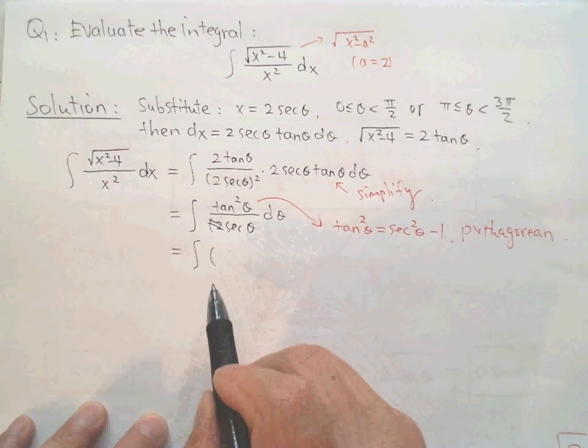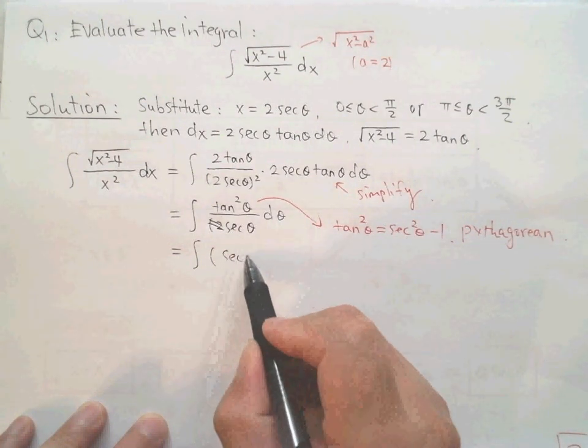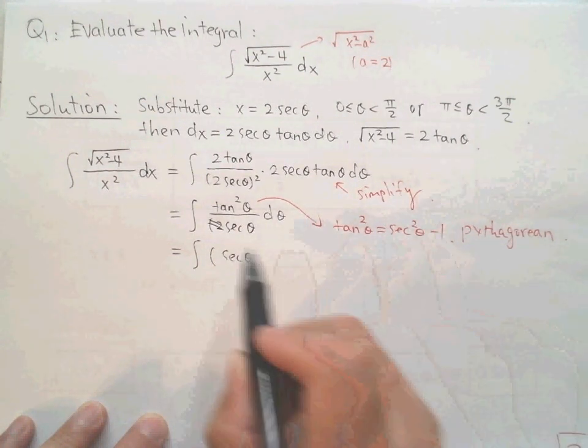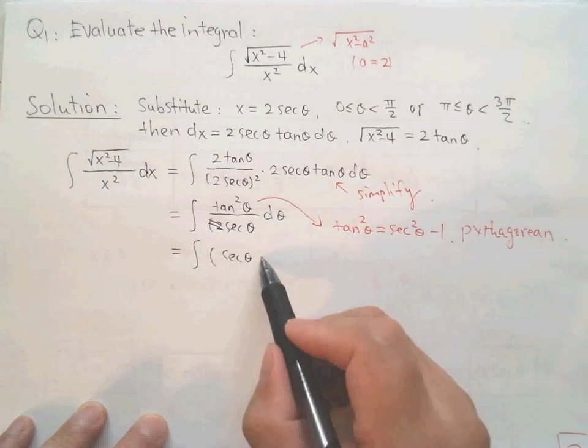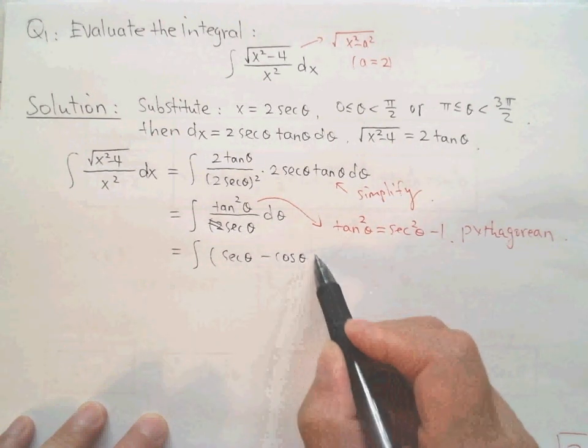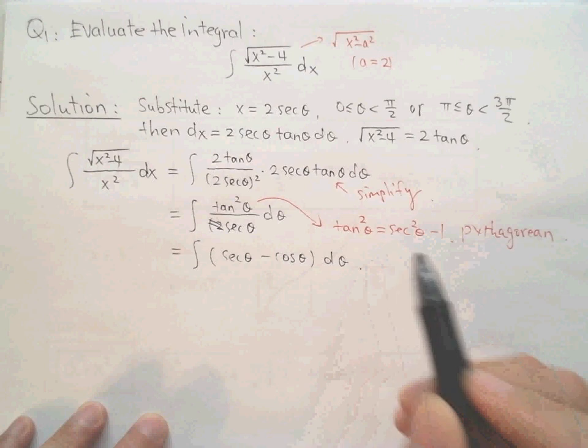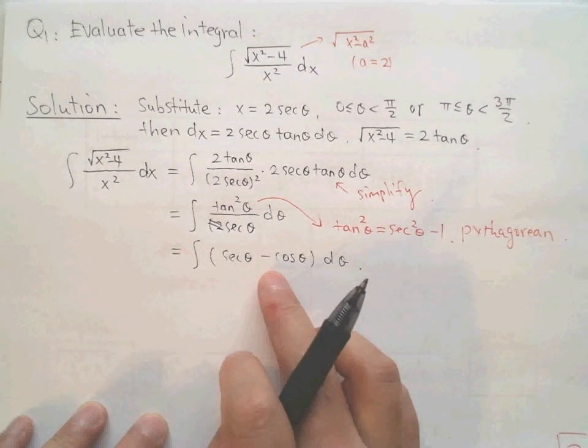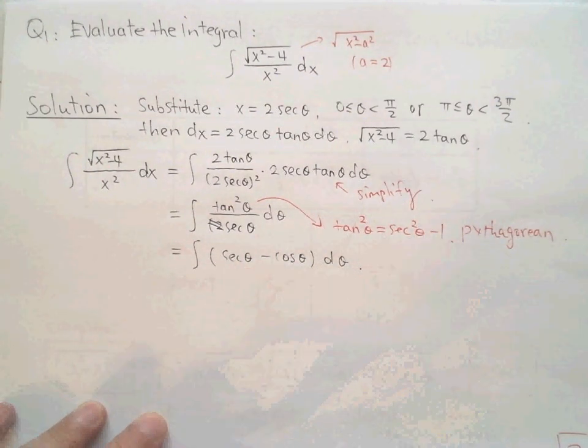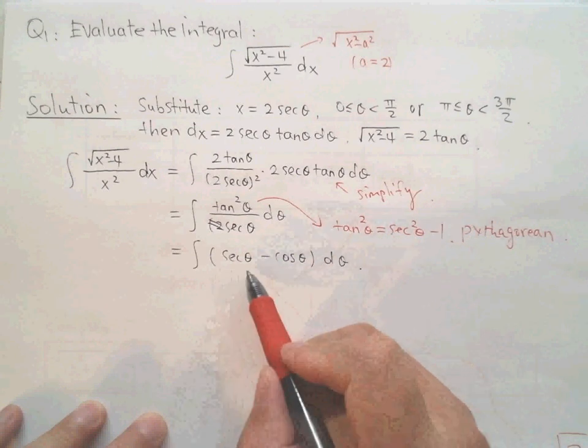So this over secant goes to secant theta. 1 over secant goes to cosine, right? So minus cosine theta. Can you see? You can imagine how simple it is now. Why is it simple? Because the first we already know, right?